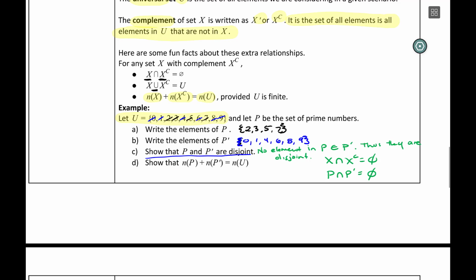Last one, show that n of P plus n of P prime is equal to n of the universal set. Well, here, U was all digits. So n of U is equal to 10.